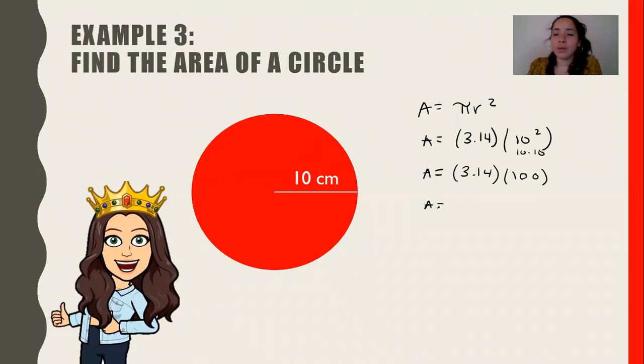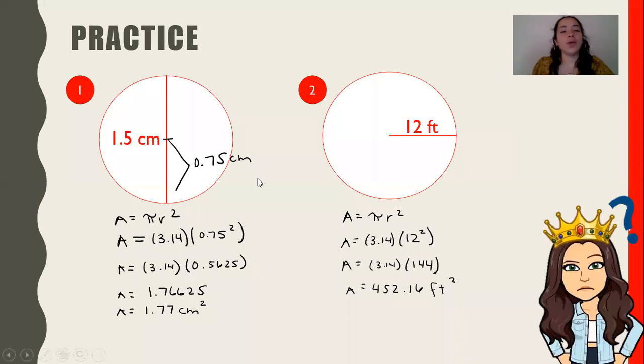And then if I multiply these two together, that'll give me 314. And again, the units are centimeters squared. Okay, so this is how we solve these two problems. Good job with that.